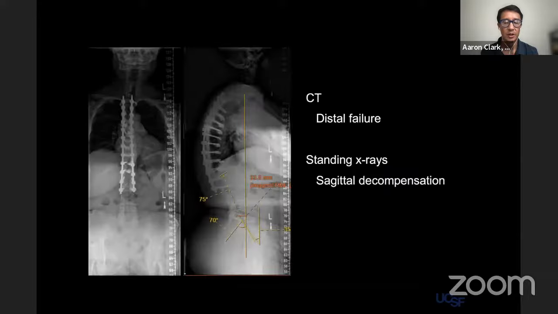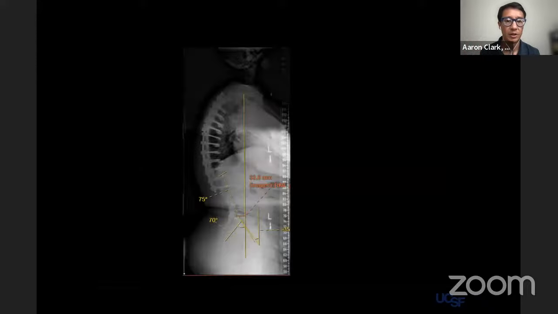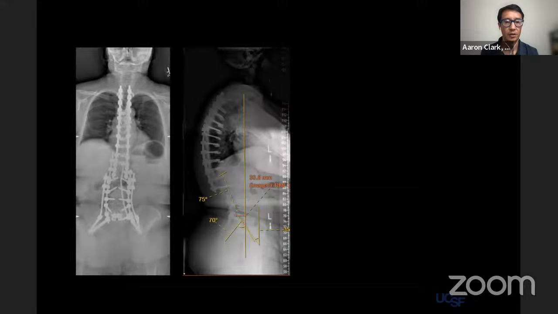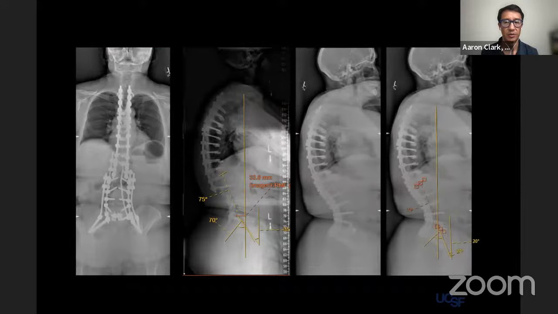So ultimately, we decided to extend her to the pelvis and do an L5-S1 ALIF, revise the L2 screw, again, extended the fusion to the pelvis and used bilateral S2AI screws that have a hollow core and so allow for some SI joint fusion as well. This is her ultimate construct, and then comparing sagittally preoperative to postoperative. And at this point, she's doing well.